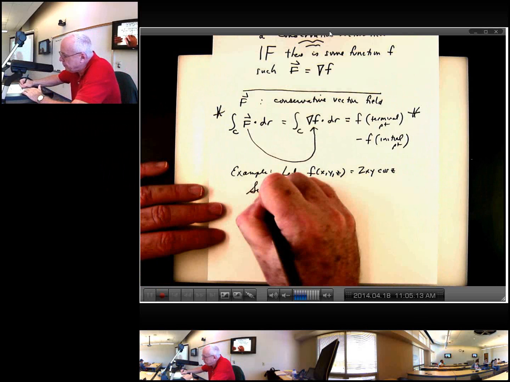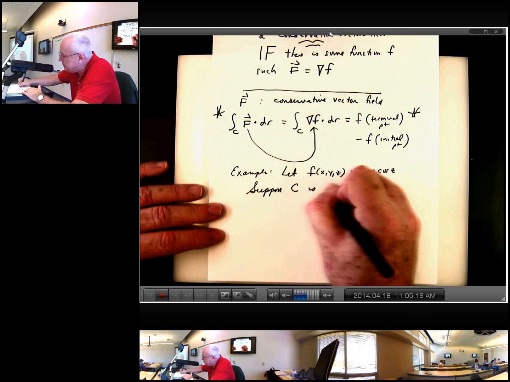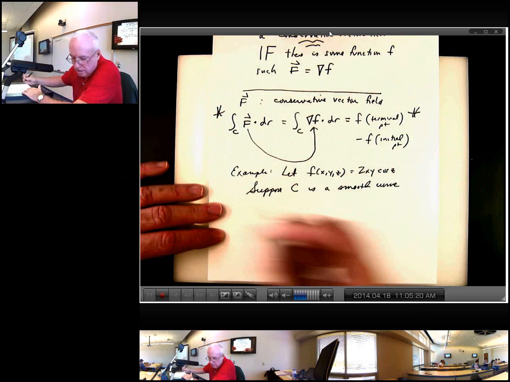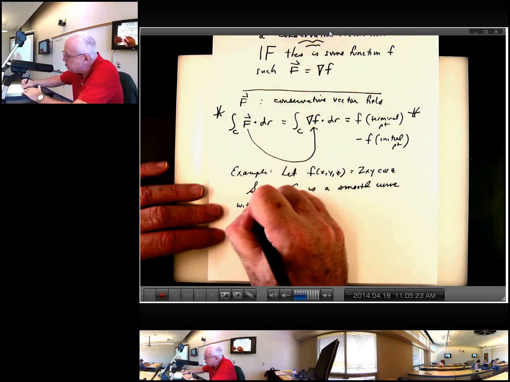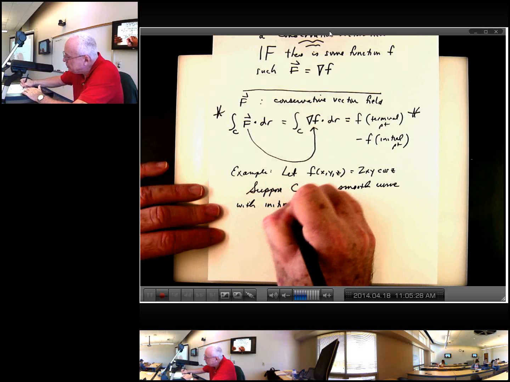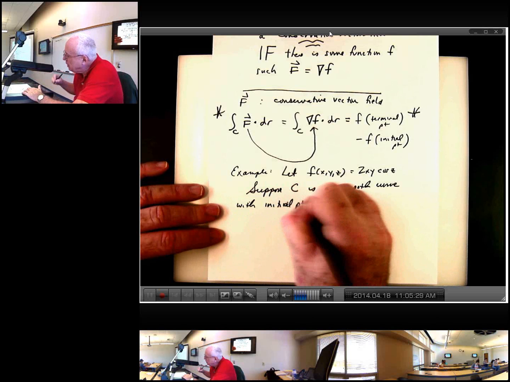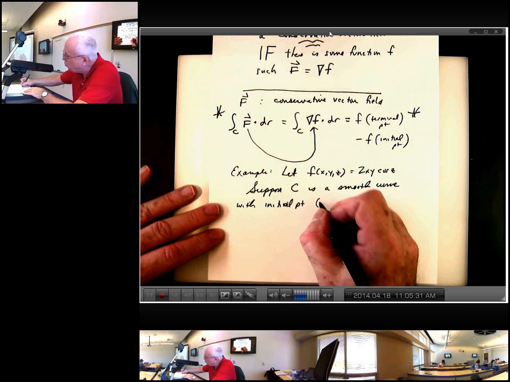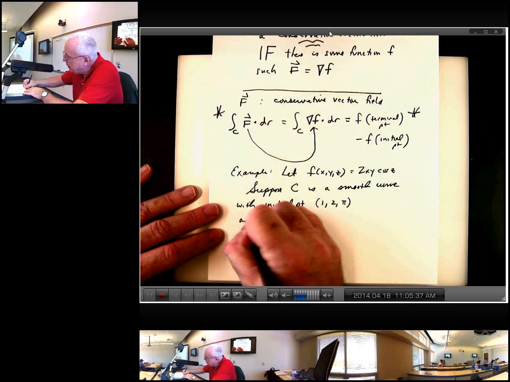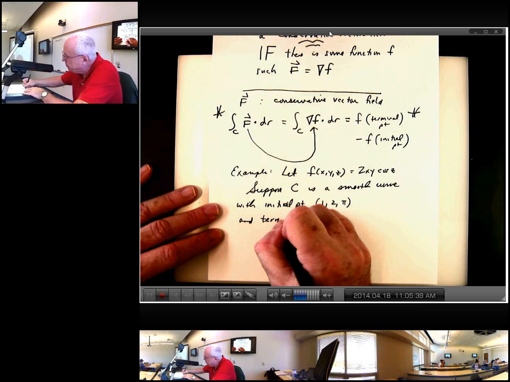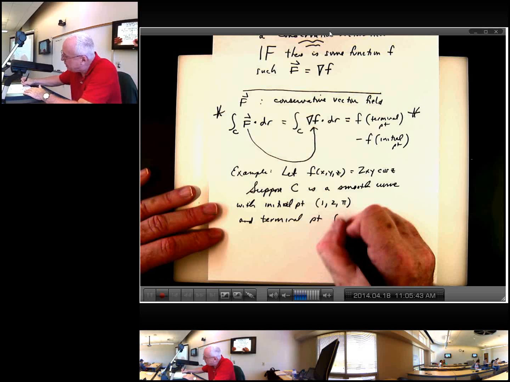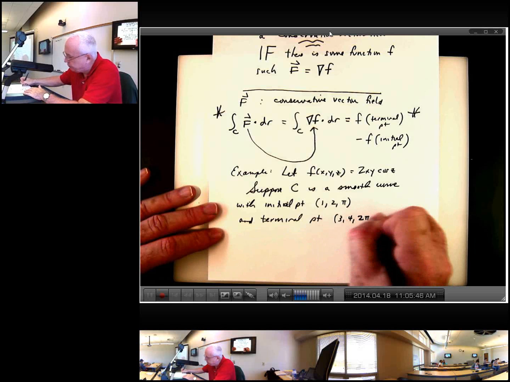Suppose C is a smooth curve with initial point, let's see, we're in 3 dimensions, so (1, 2, pi), and terminal point (3, 4, 2 pi).